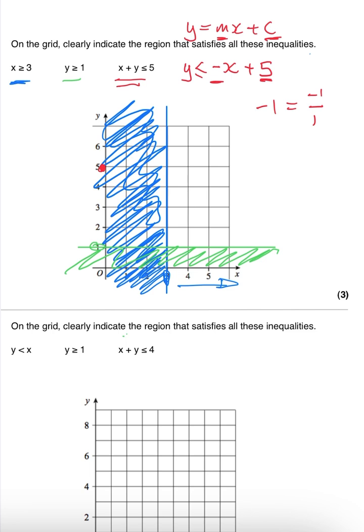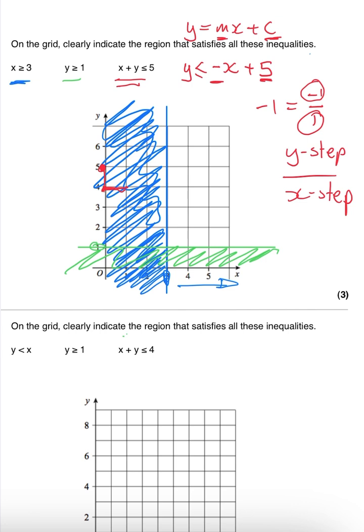So you may recognize this if the gradient is y step over x step. Then negative 1 over 1 gives us an indication of how many units to move for each. Y step is negative 1, so from 5 we come down 1, and x step is positive 1, so we go across 1 on the x-axis.